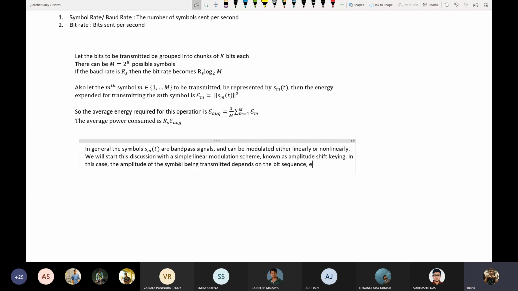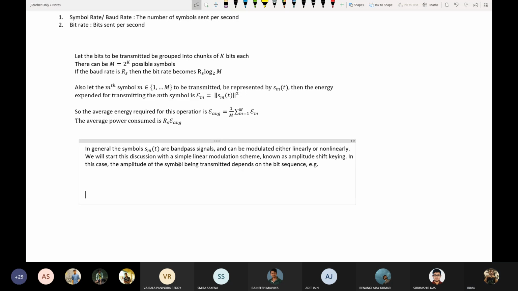For example, 00 means -3, or rather, let me do it this way.